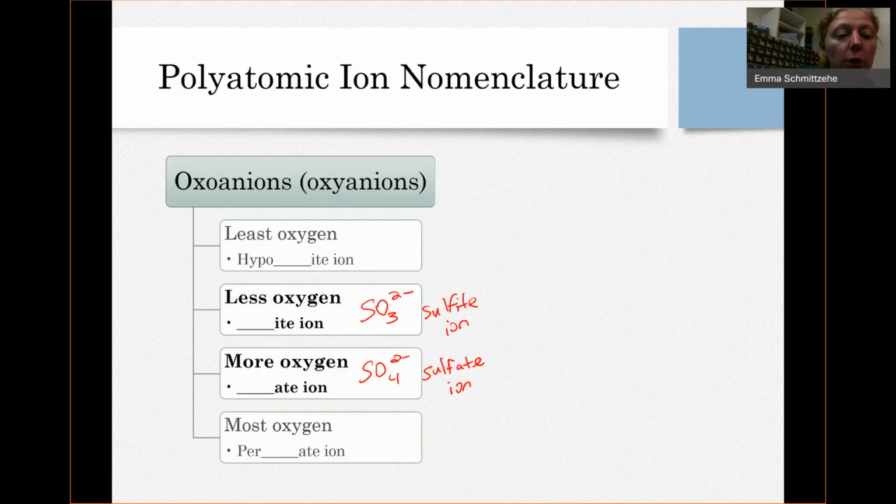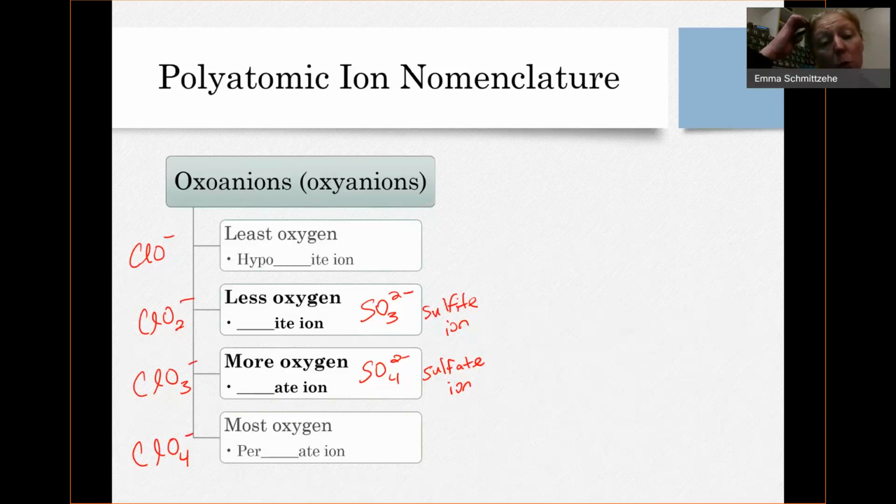And so you could have ClO minus, ClO2 minus, ClO3 minus, or ClO4 minus. And those would follow the entire systematic. What goes in the blank there is the base for chlorine. So for chlorine, you would knock off the last few letters and put it in that space.